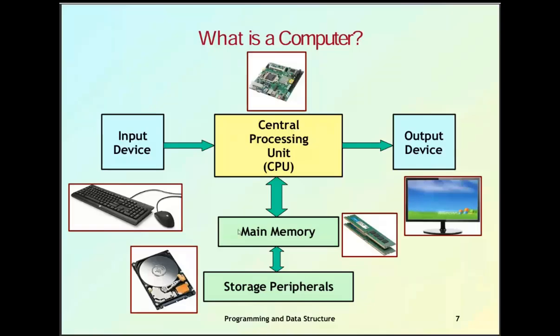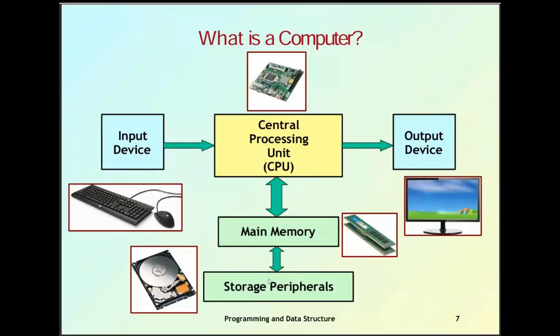And coming to the main memory, this is basically your random access memory, RAM. As you can see, although it seems to be very long in this image, nowadays we are having very small RAM. And after that, we have the storage peripherals.